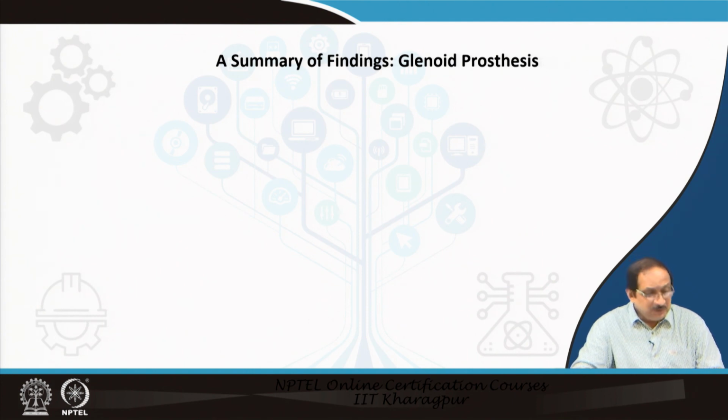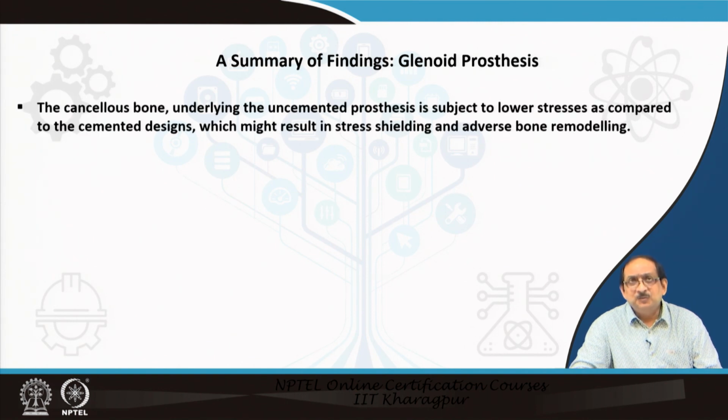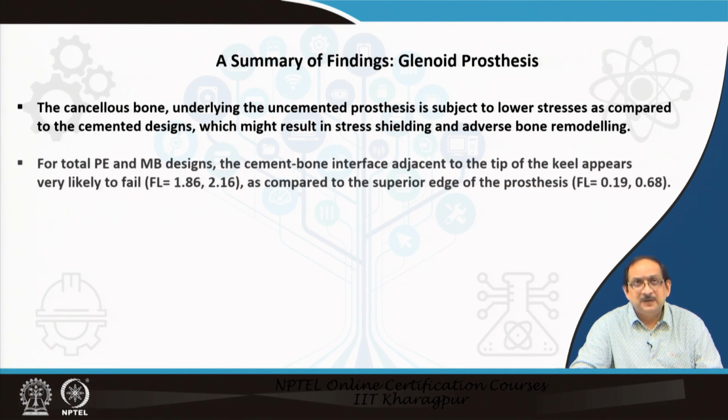So, we come to the summary of findings for glenoid prosthesis. The cancellous bone underlying the uncemented prosthesis is subject to lower stresses as compared to the cemented design, which might result in stress shielding and adverse bone remodeling.